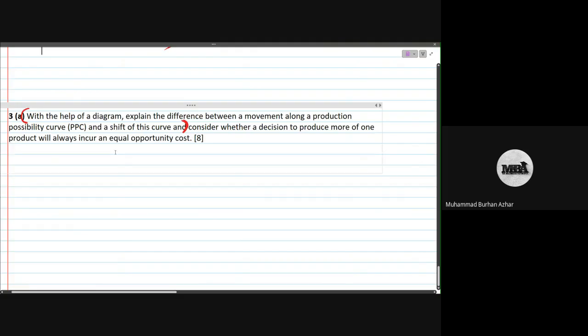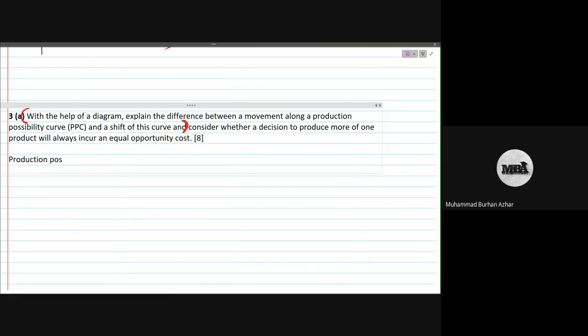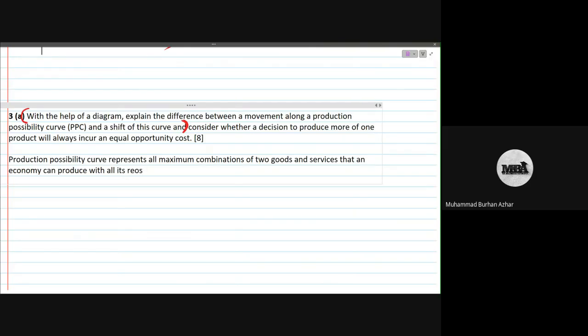So whenever we have a question on production possibility curve, we are going to start with the definition of PPC. So production possibility curve represents all maximum combinations of two goods and services that an economy can produce with all its resources fully and efficiently employed in the current technology and factors of production.